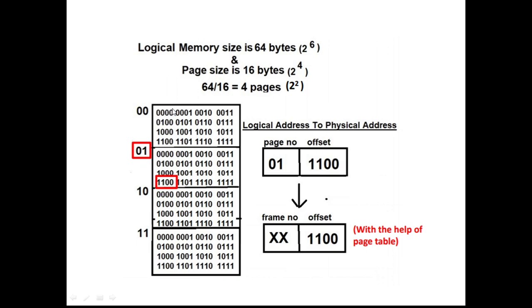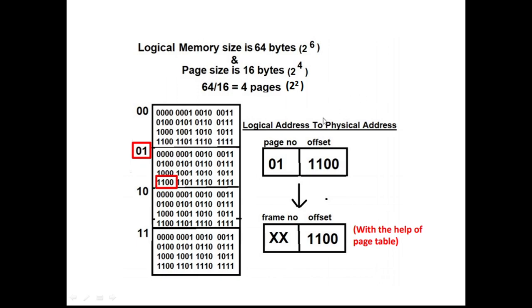The address of the first byte will be 0000 and the address of the last byte will be 1111, and in this way each page has 16 bytes. Now when an address is submitted, it has the page number along with the offset. First the page number is used to look up the page table.